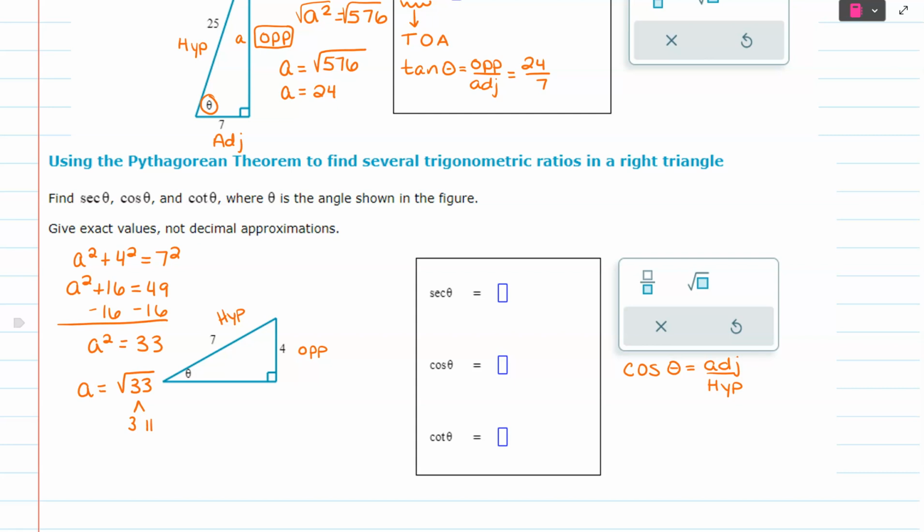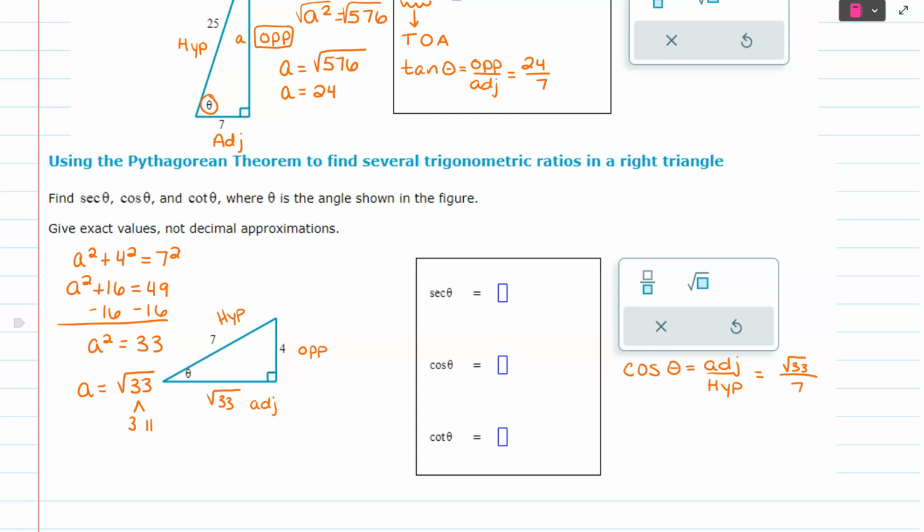So since there's no doubles, my radical doesn't simplify. So this is just going to stay looking like the square root of 33, and that will be my adjacent side. So right away, I can do adjacent over hypotenuse. Adjacent is the square root of 33 over, and then hypotenuse is 7.